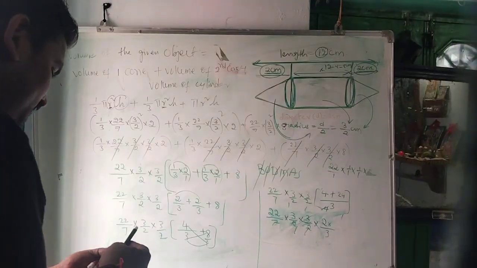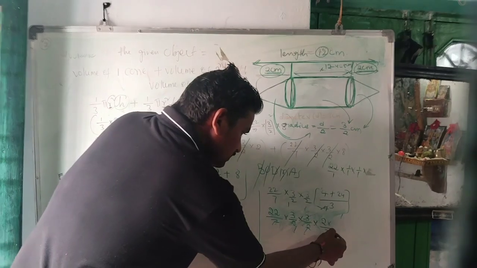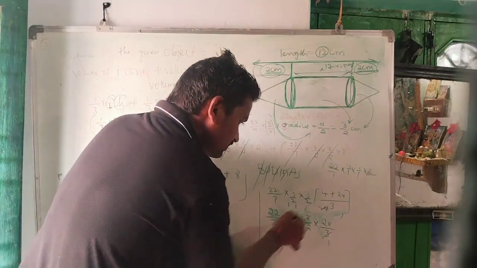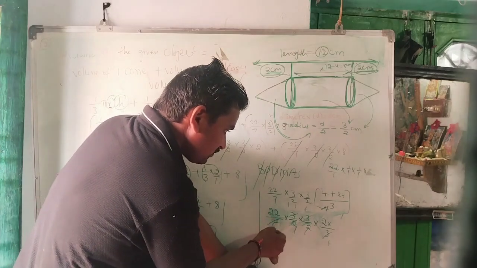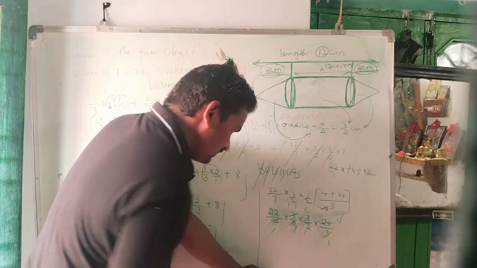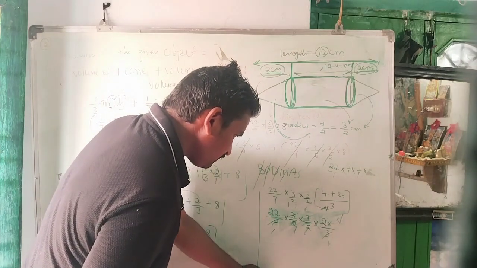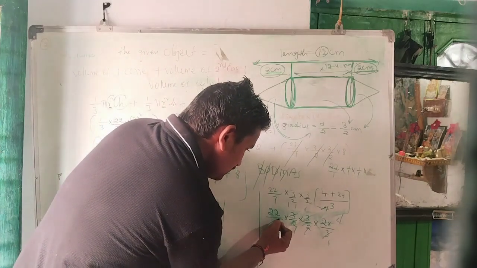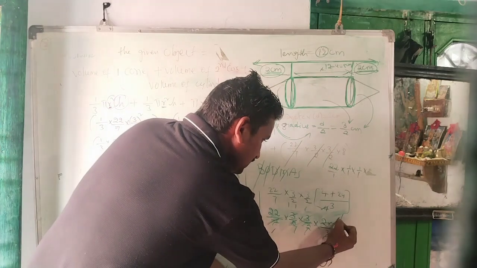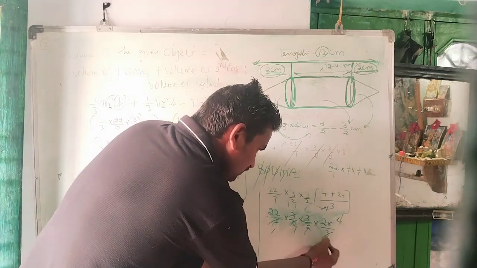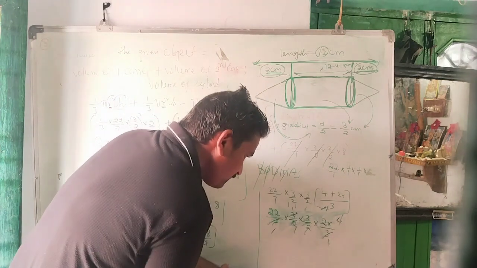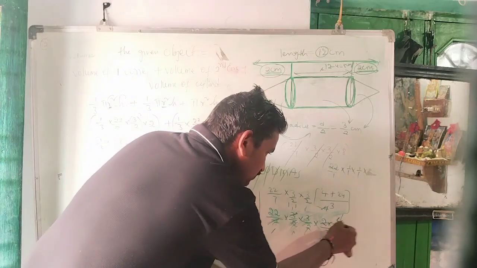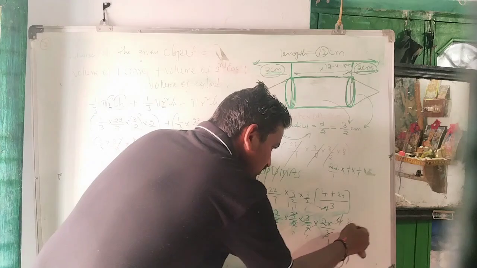Okay. 3 cancel. 3 1s are 3 1s are. 7 ones are 7 fours are cancelled. Next, 3 ones are 3 ones are. Next, 2 ones are 2 twos are, 2 ones are 2 ones are.